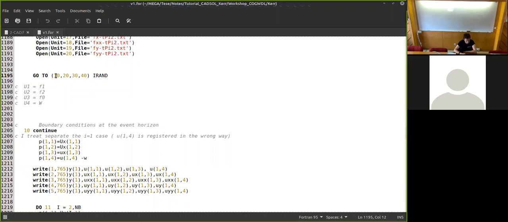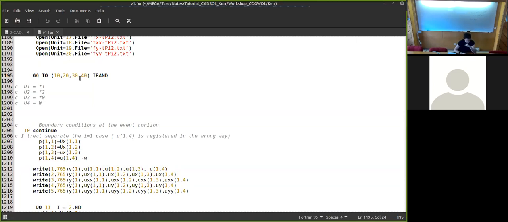But here we have 4 labels: 10, 20, 30, and 40. And each label corresponds to a boundary. The 10 label corresponds to the boundary at the event horizon. The 20 corresponds to the boundary at infinity, spatial infinity. The third, or the 30, corresponds to the boundary at the poles, and 40 corresponds to the boundary at the equatorial plane.